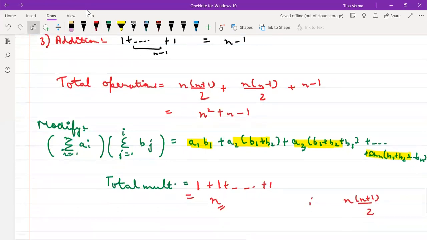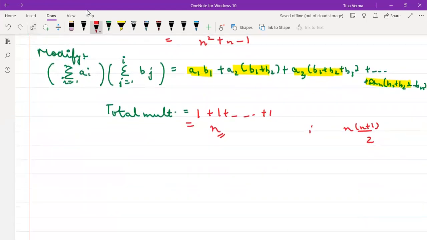In this, the additions will be the same. So in this case, the total computations that you require will be n square plus 3n minus 2 by 2. Earlier it was n square plus n minus 1. So you can reduce your calculations by just rearranging the terms. Okay, thank you.